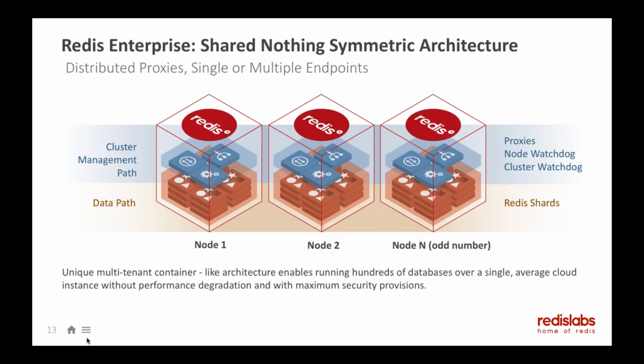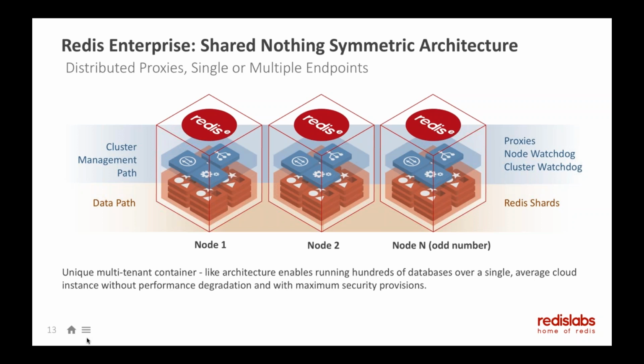So what does Redis Enterprise bring to the table? Let's talk about that a little bit. What you're seeing in front of you is essentially our typical deployment model. At the bottom layer we have the data path that is based on Redis. Then what we have done on top of that is add an additional layer of functionality by introducing a management path.